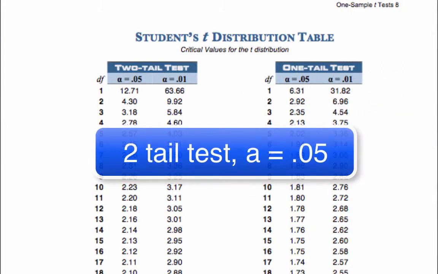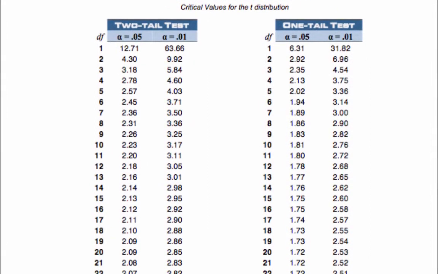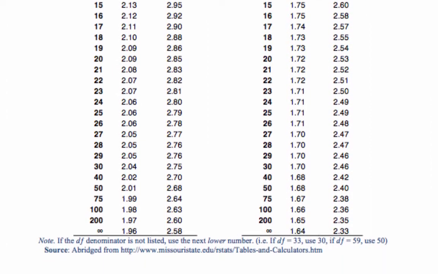We are using a two-tailed test at an alpha of 0.05. And so if we start in the columns on the left, we will find a column for alpha equals 0.05. Also on the left, we see degrees of freedom, df, and those start with 1, 2, 3, 4, and go all the way down to 30, 40, 50, 75, 100, 200, and infinity.